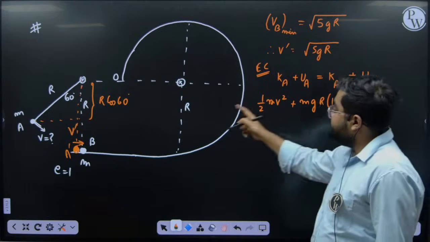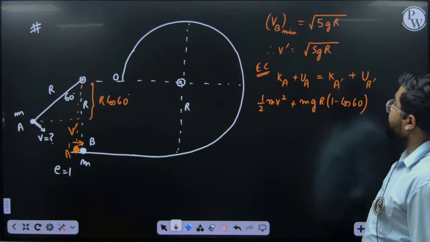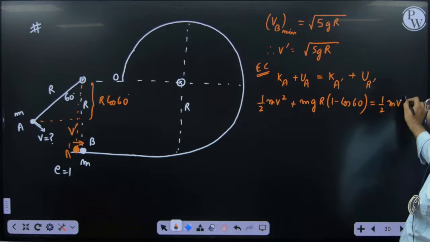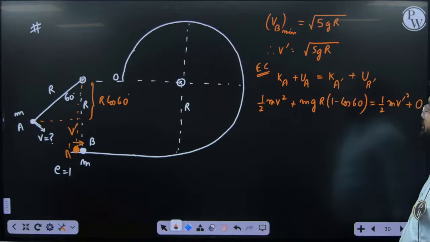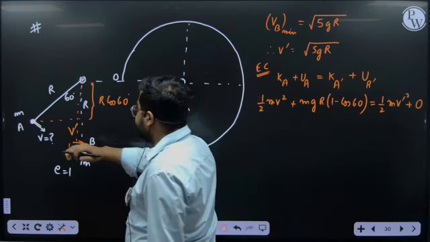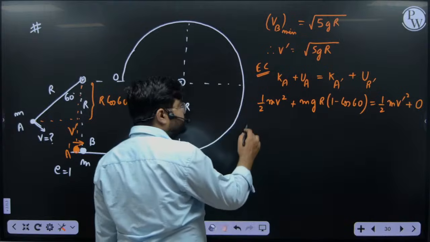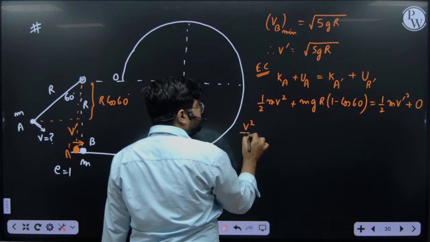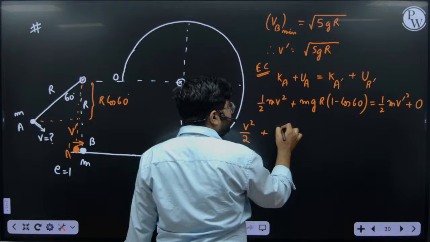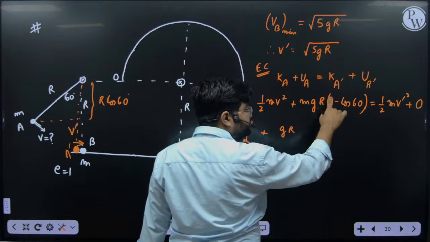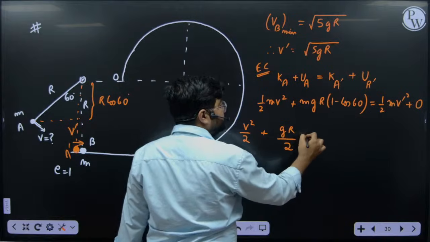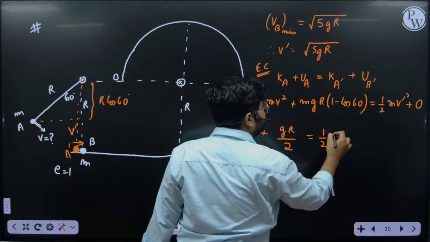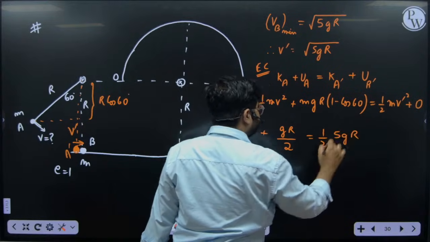Now the kinetic energy at the new position, it should be having this much speed. So I can write the new kinetic energy as half mv dash square, and potential energy at the new position is 0, as we have taken this as the reference. Now we just need to solve this equation. m gets cancelled, so we can write v square by 2 plus gr(1 minus cos 60), cos 60 is half, 1 minus half is half, so gr by 2, equals half v dash square, which becomes 5gr by 2.